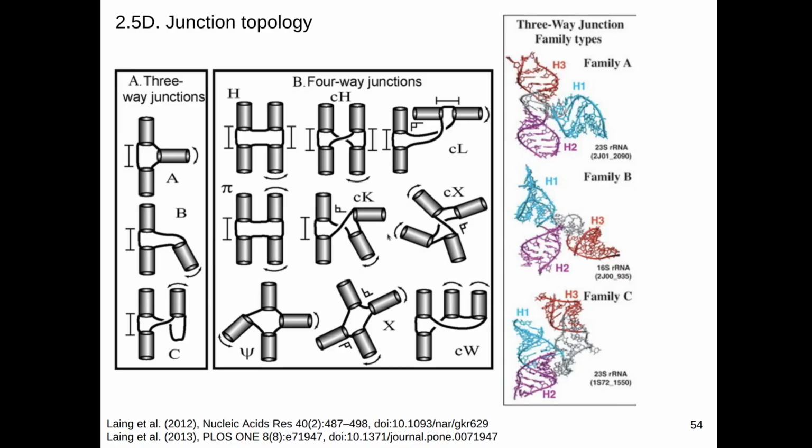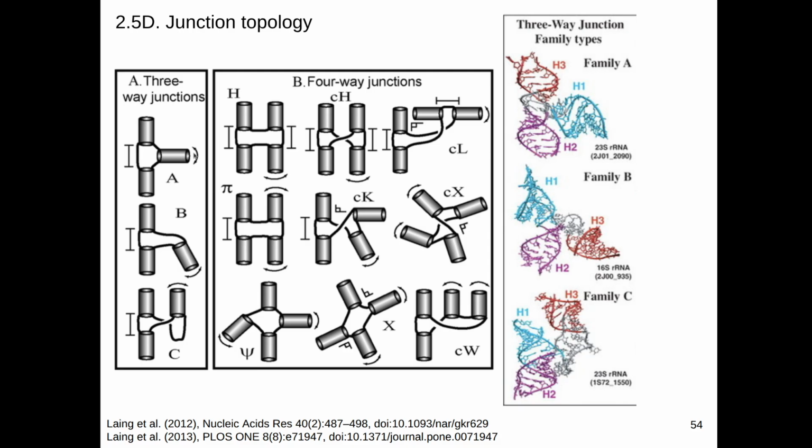And depending on the order of which stems stack with each other in a helix, we can distinguish different junction topologies. So this is a classification of three-way junction topologies, where we have a loop confined by three stems, and two of them may be stacked with each other, but it may be different too, right?